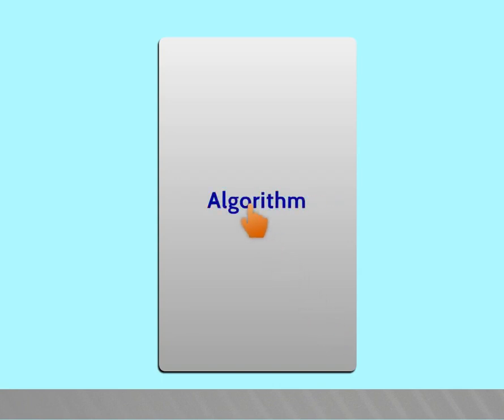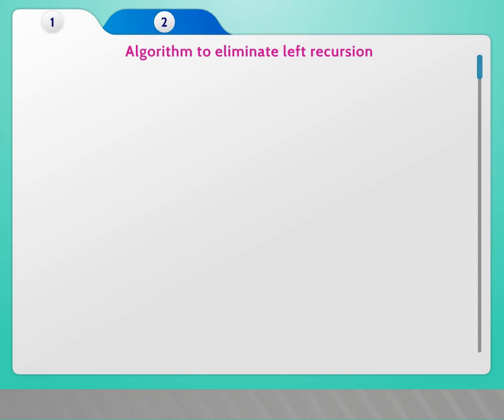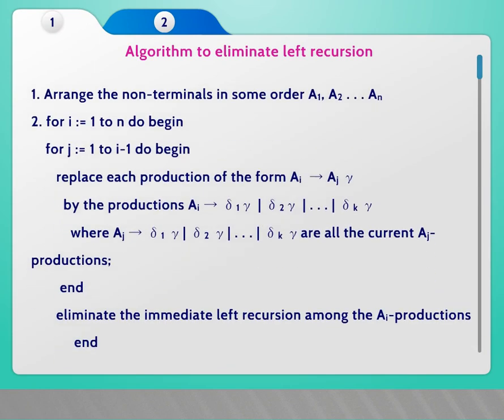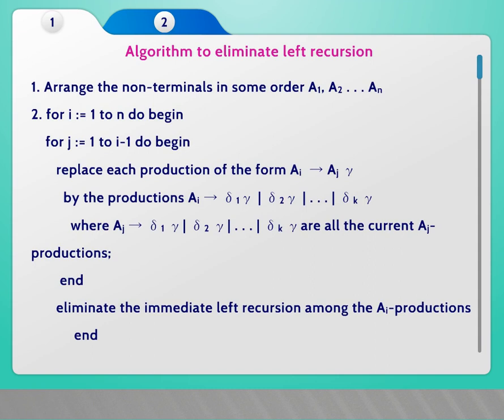Algorithm to eliminate left recursion. Arrange the non-terminals in some order A1, A2 up to AN. For i equals 1 to n, do begin. For j equals 1 to i minus 1, do begin.